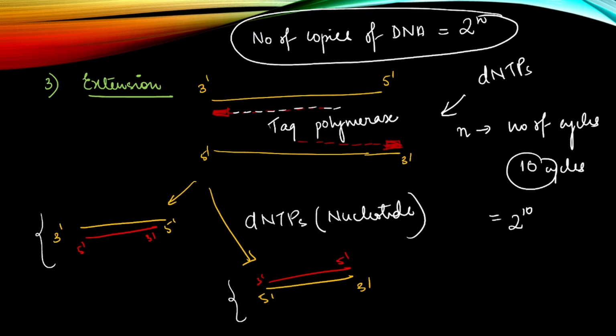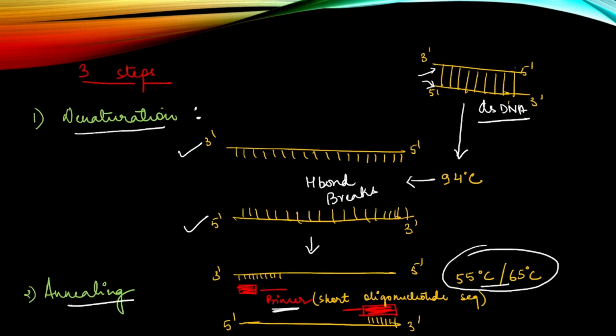3 steps you have to remember: denaturation, annealing, extension. In denaturation, we expose the DNA to a very high temperature, 94 degrees centigrade, so that the hydrogen bonds break and we get individual strands. Then we go for the next step, annealing, where we expose the DNA strands to a temperature of 55 to 65.